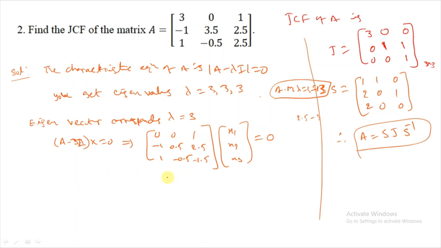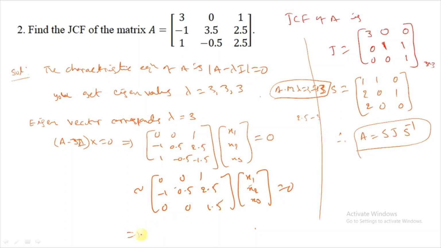Now, adding R2 and R3, we get 0, 0, 1, minus 1.5, 2.5, 0, 0, 1.5. This is x1, x2, x3 equal to 0. This implies x3 is 0.